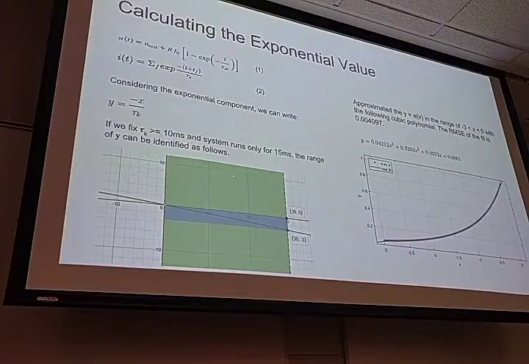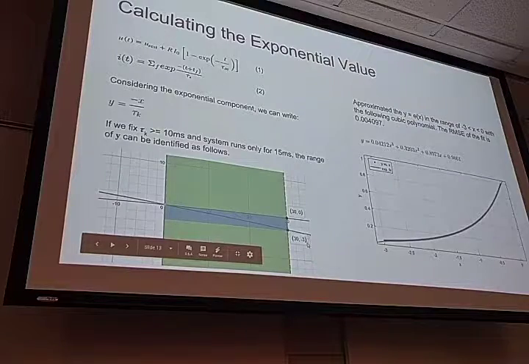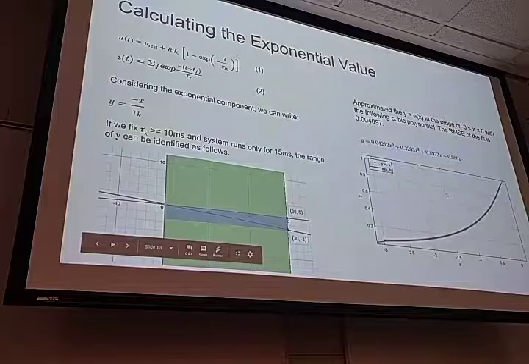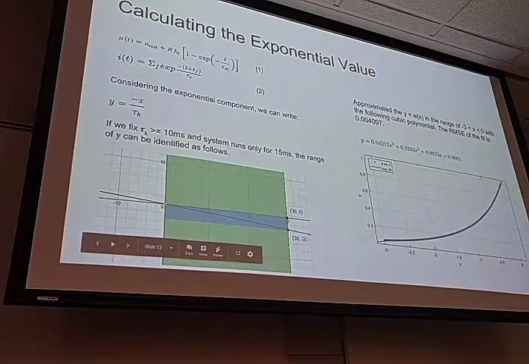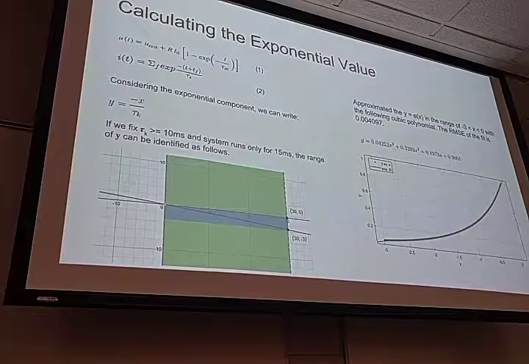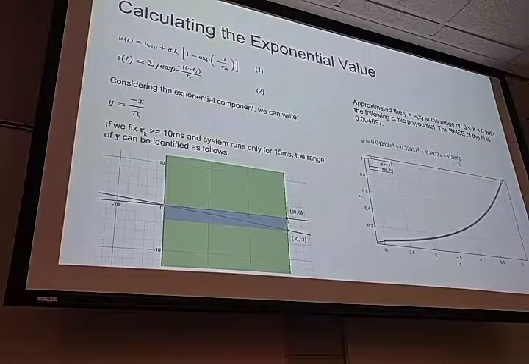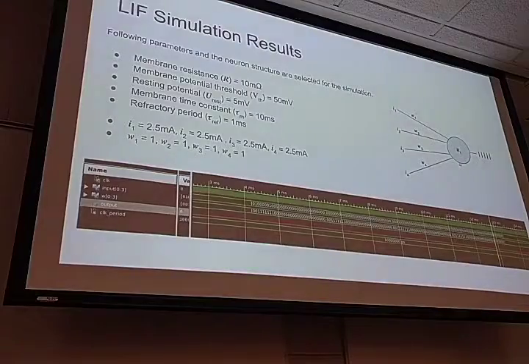So we found the range that lies between y equals -3 and y equals 0. So we did a polynomial approximation for the exponential curve between these two values, and with the cubic approximation, we could get almost a 100% fit. So we used this approximation to generate the exponential value within the VHDL component.